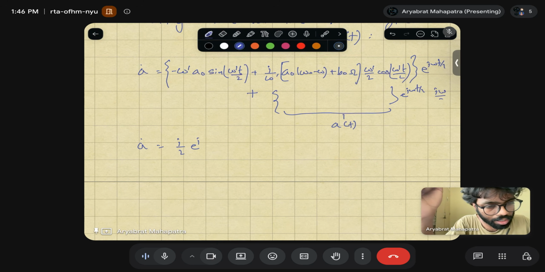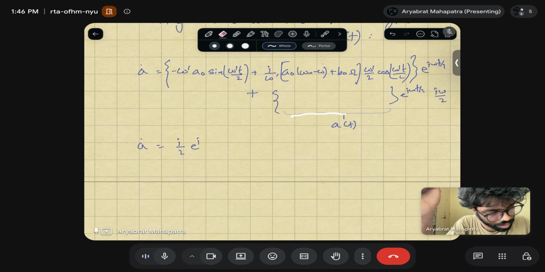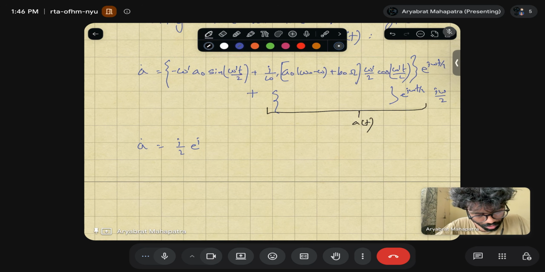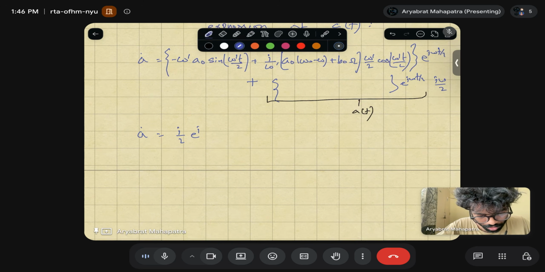So after the derivative, you get the i omega by 2 factor. So then I am telling that this whole thing becomes your a of t. Or otherwise you can write in the following way. So there is nothing very surprising happening here. It's a straightforward derivative.